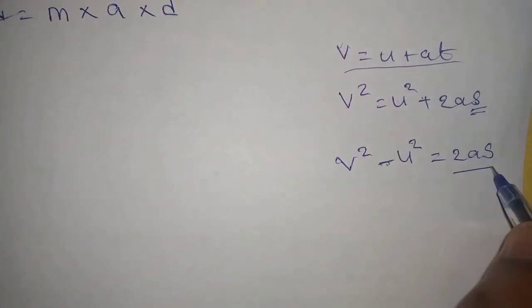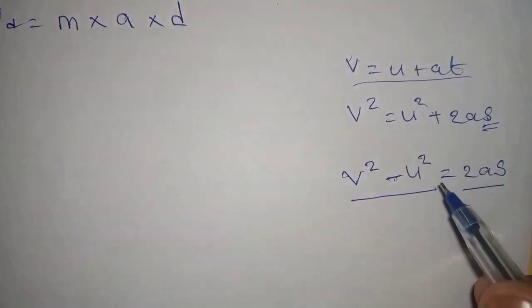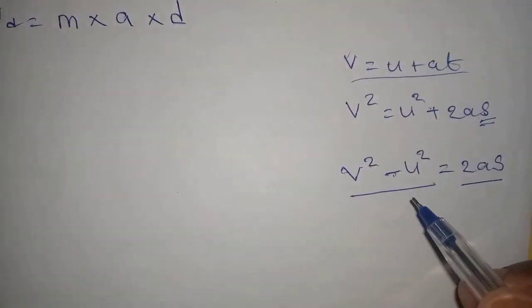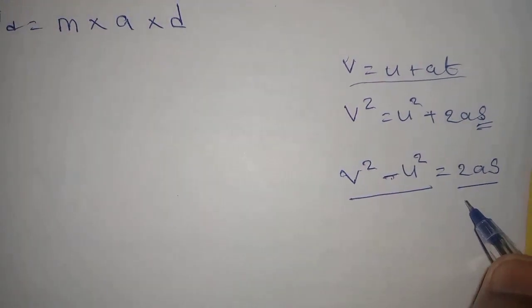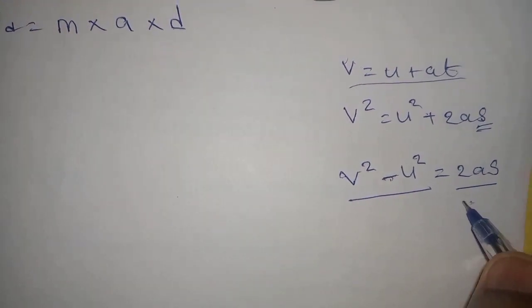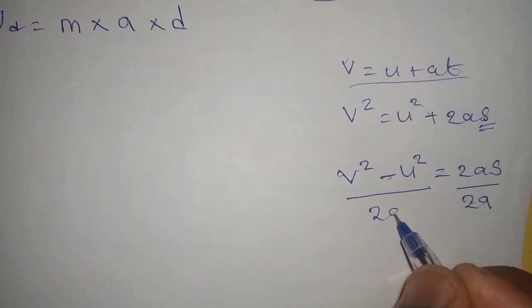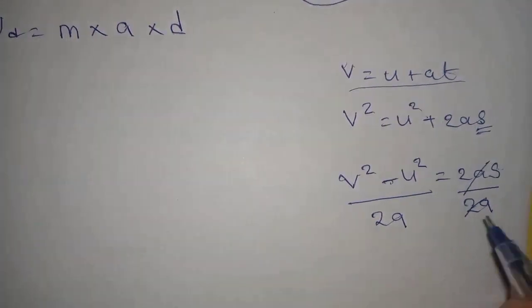Okay, so I'm going to divide both sides. This is velocity, so I just grouped the like terms. This is velocity and this is velocity. So that's why this velocity had to cross the equal sign and become negative. So here we're going to say divide both sides by 2a, which is acceleration, and then this side 2a, which is acceleration. So we know this and this will give us 1 times s.